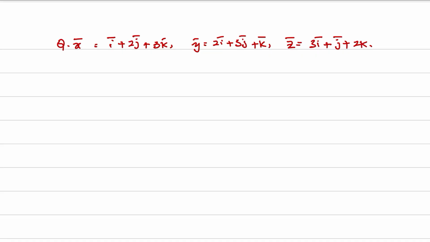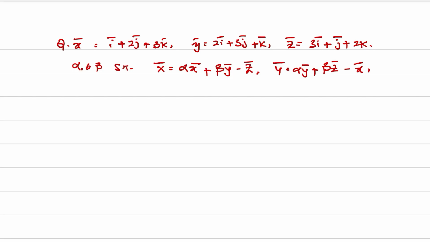And there are two positive real valued numbers alpha and beta such that capital X is equal to alpha into x plus beta into y minus z, capital Y is equal to alpha into y plus beta into z minus x, and capital Z is equal to alpha into z plus beta into x minus y.